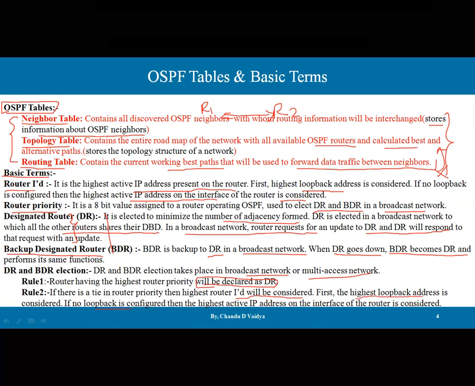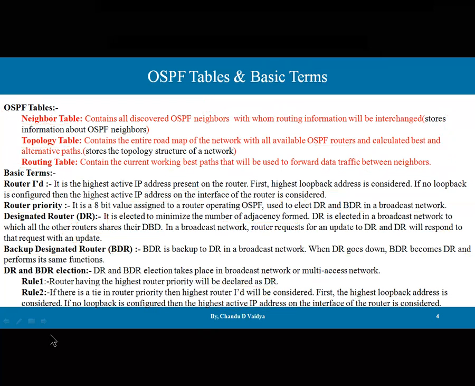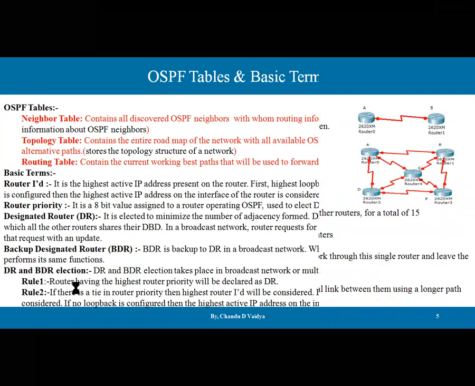If no loopback address is set, then the highest active IP address on that interface is going to be considered. So ultimately, we have to elect the DR on the basis of some rules, and the rules are: priority; if not priority, then loopback; if not loopback, then the highest IP address on that interface. So these are the basic terms about the OSPF tables, guys.